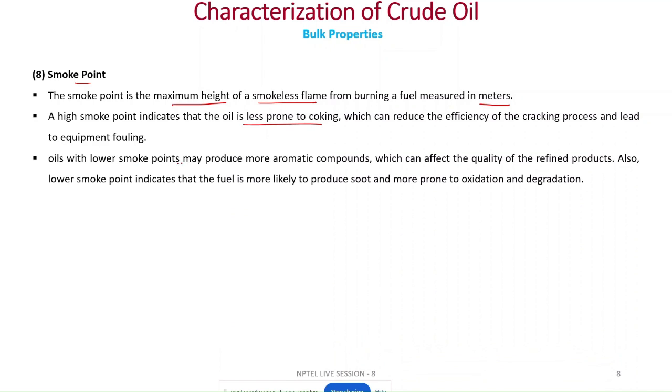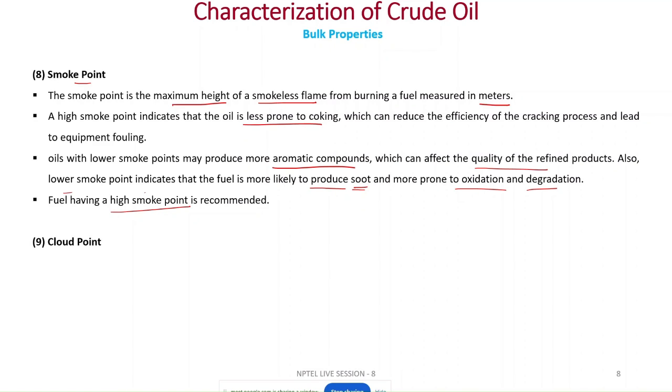Oils with lower smoke points may produce more aromatic compounds, which can affect the quality of the refined products. Also, a lower smoke point indicates that the fuel is more likely to produce carbon soot and is more prone to oxidation and degradation processes. Fuel having a high smoke point is always recommended.